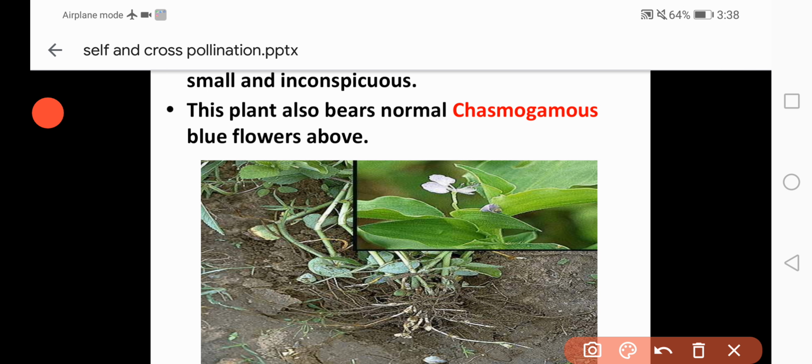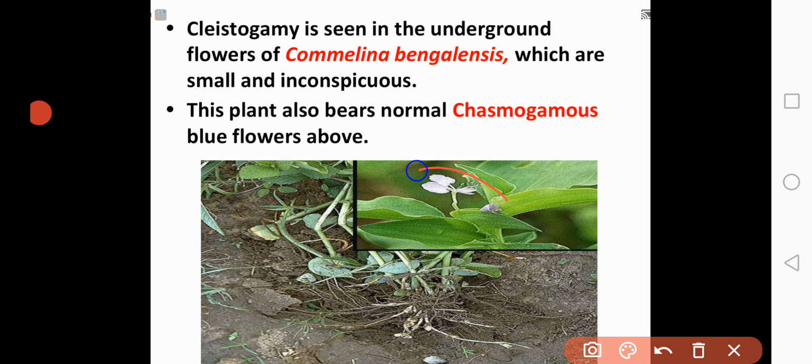So these are the chasmogamous flowers, or the normal flowers, and this white colored structure is nothing but the cleistogamous flowers.